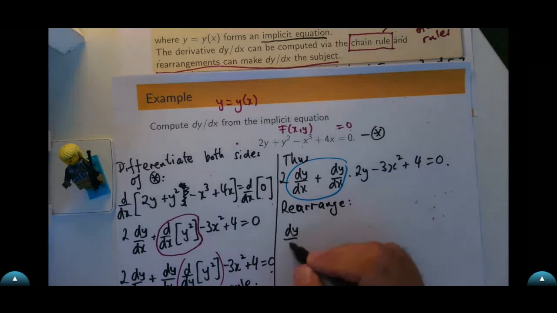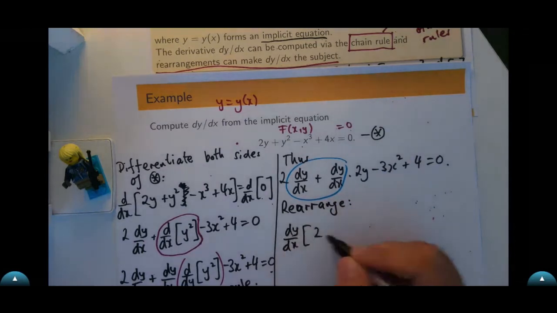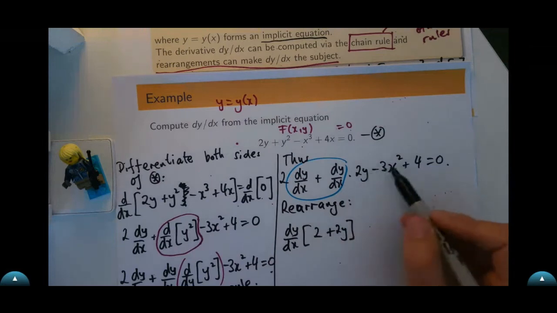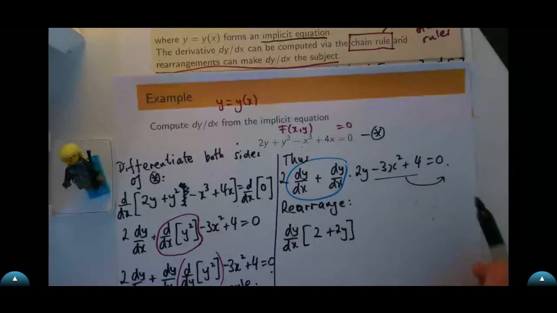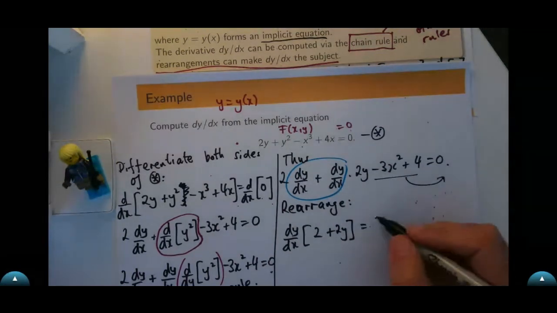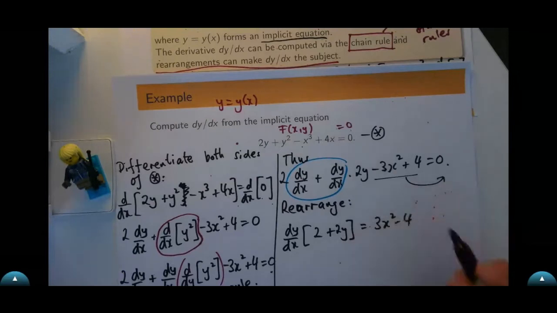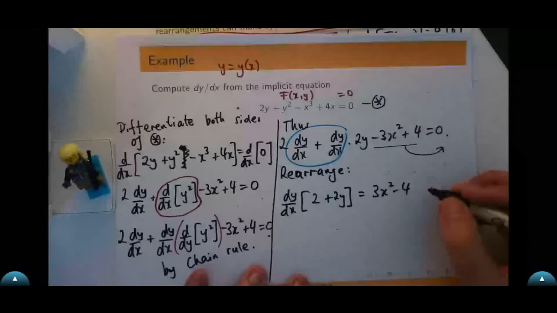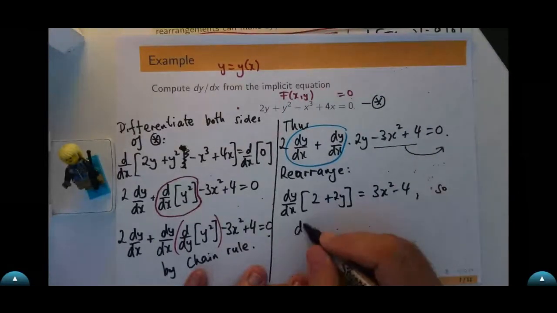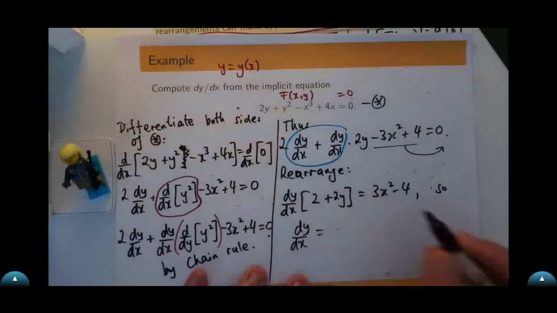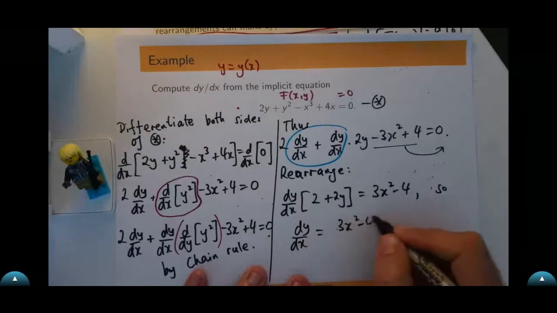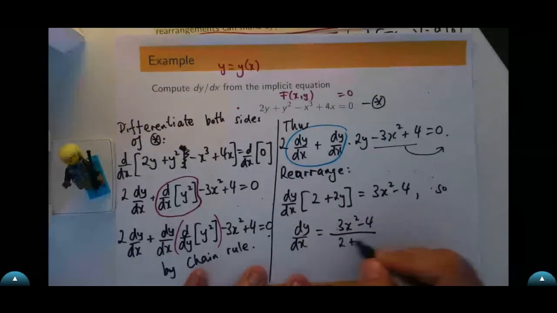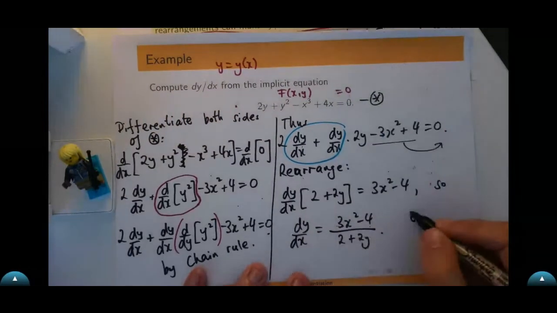So we're going to get dy dx times 2 plus 2y. And let's take those two terms to the other side. And now we can just divide out, okay? That's it.